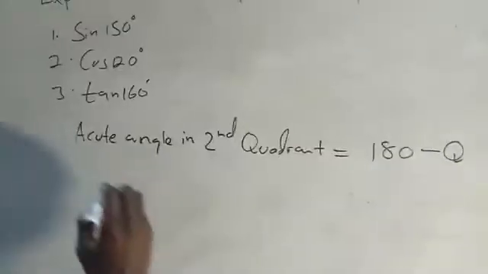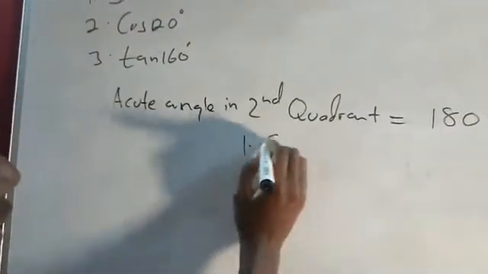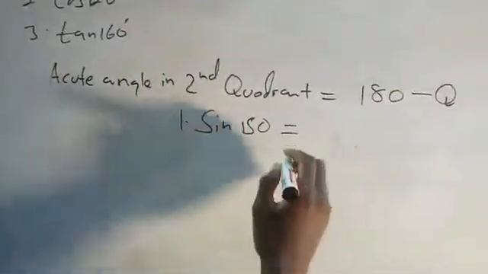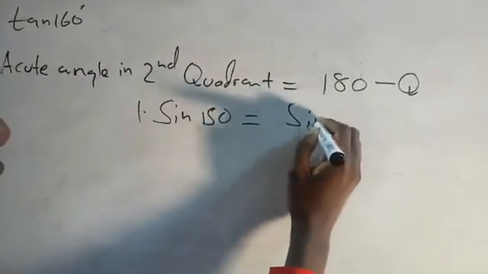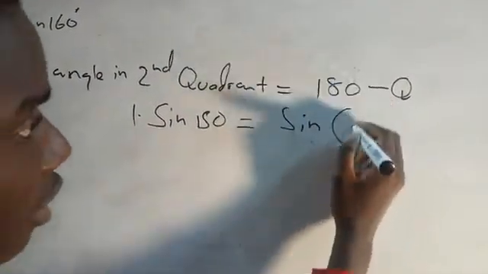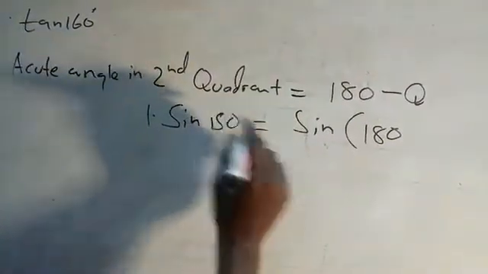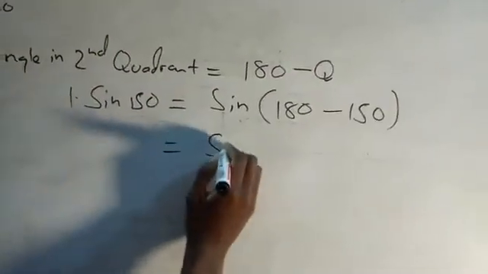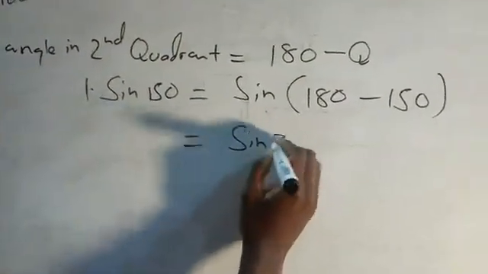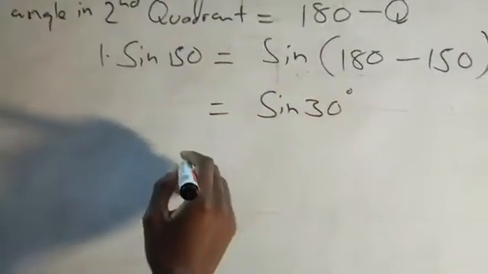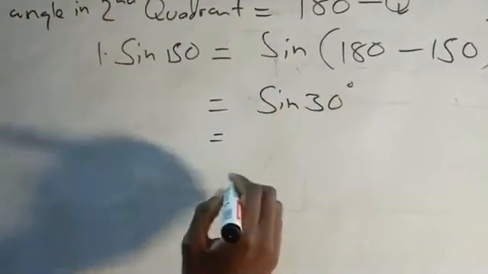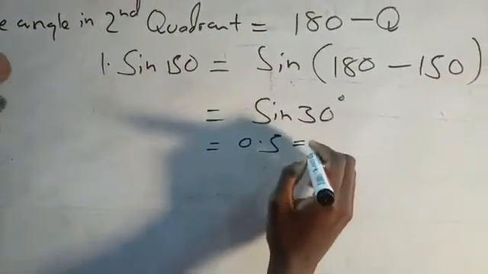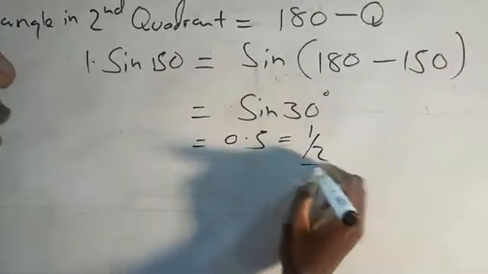So for number one, sine 150 degrees equals sine into bracket 180 minus our theta here, becoming sine 30 degrees, and sine of 30 degrees is equal to 0.5, also equal to a half.